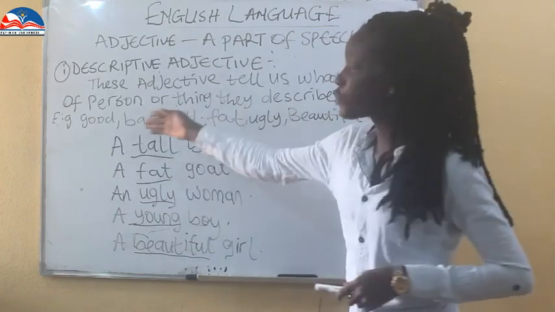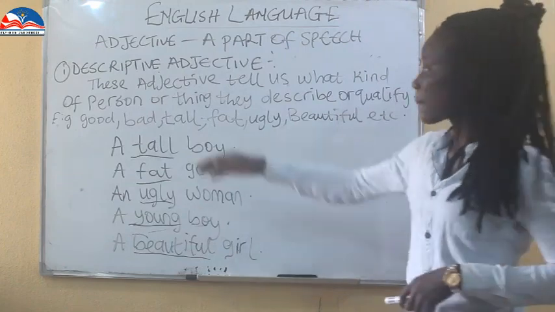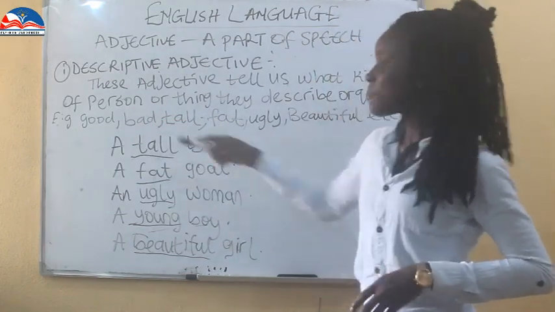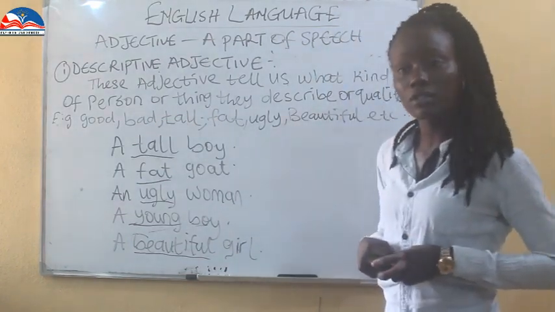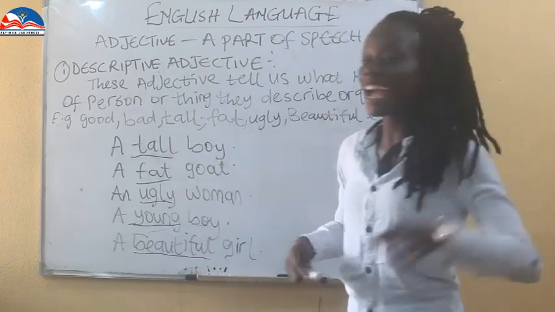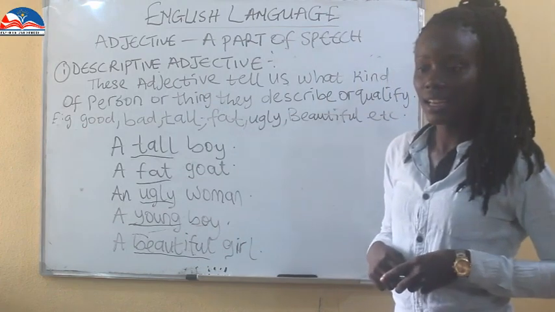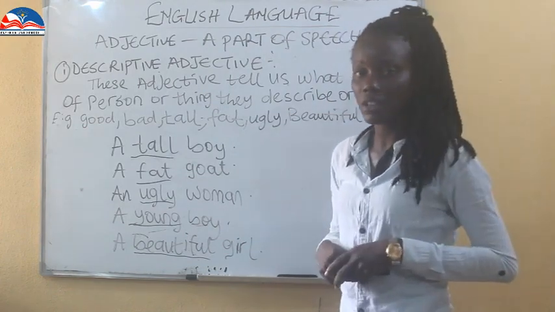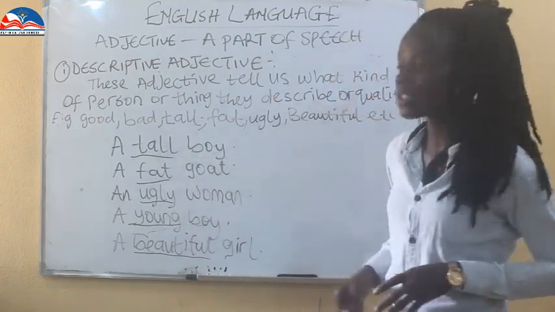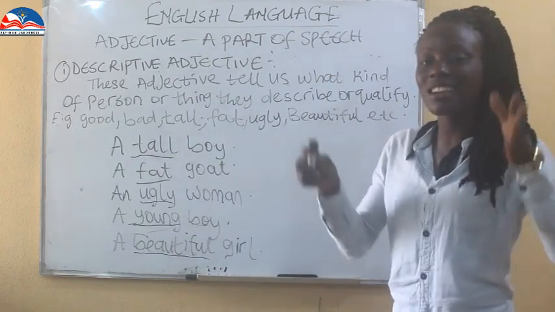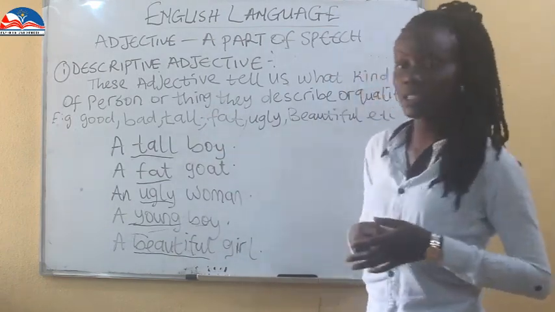For example, we have good, a good man; bad, a bad person. She is a bad person. Now you're telling us the kind of person she is. He is a tall man. The thief is a tall person. Now you're telling us how the person looks. You're describing to us how the person is.